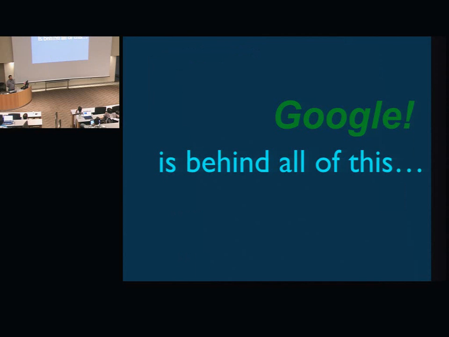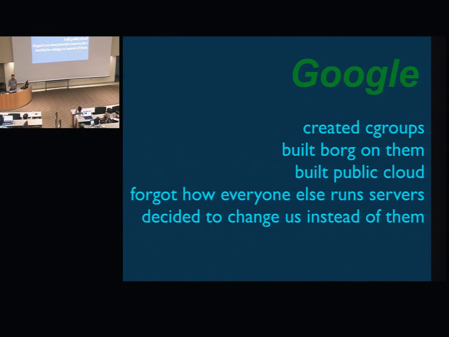I flip into the abstract, and it says fault-tolerant computing, cluster computing, data centers, distributed systems, cloud computing. And then it hit me. Google is behind all of this. Google created cgroups, which is one of the key components of a Linux container.